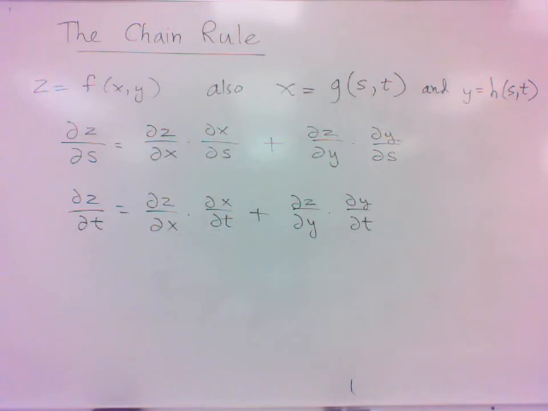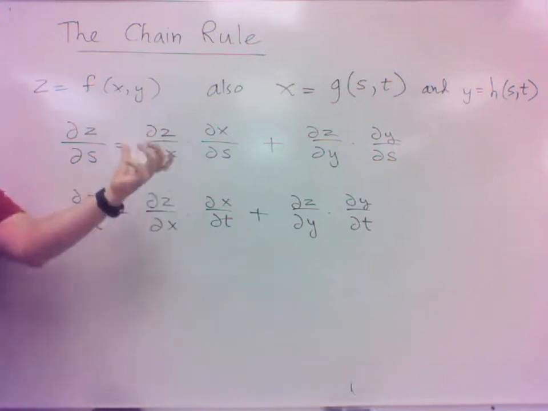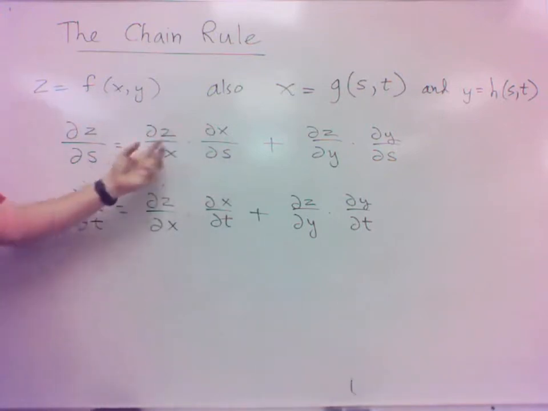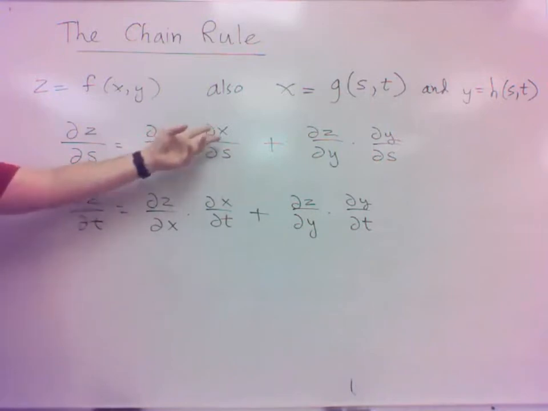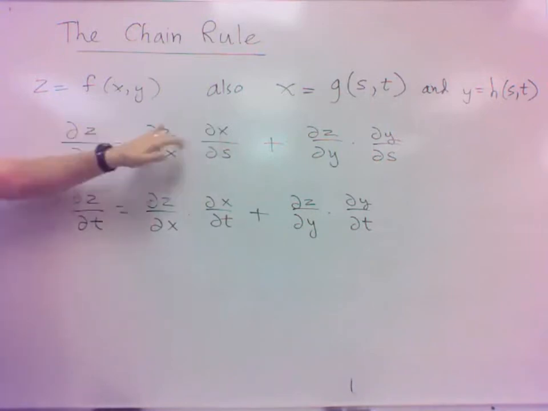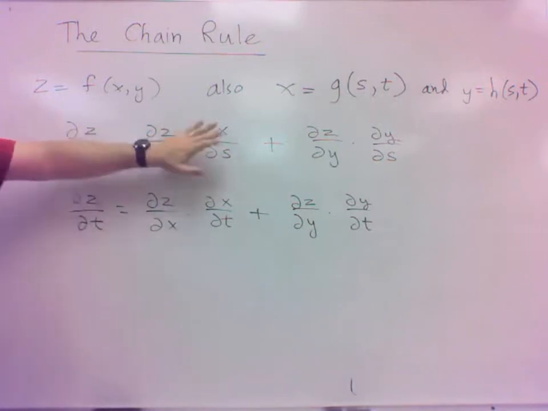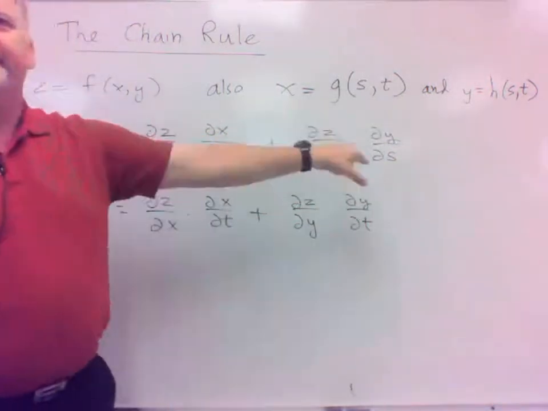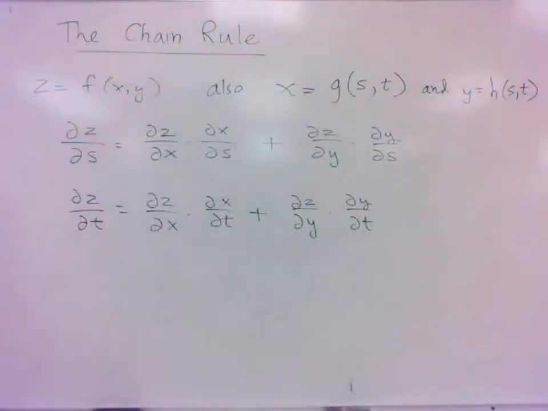It's not exactly what's going on here, but you can kind of see why this works, because if you think of these as fractions, look what happens: the partial x's eliminate, and you're left with the partial of z with respect to s. The partial y's do the same. So it makes sense that way too.